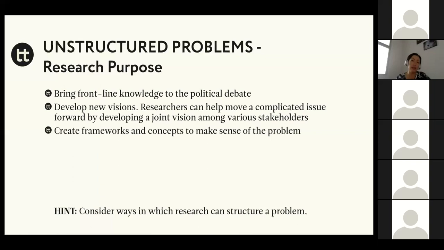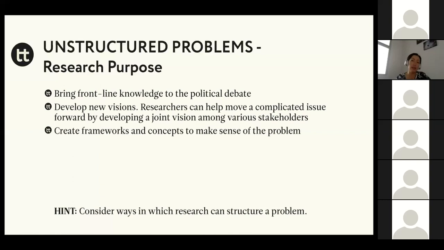As you can see, that framework, that way of conceptualizing the problem has had such an impact on how we understand the problem and how we put forward policies to solve the specific problem.